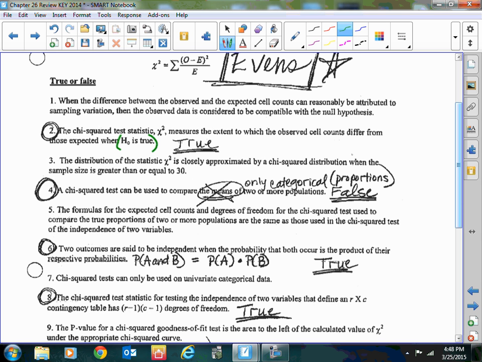That's like saying your p-value is the probability of getting this sample, these observed, or something more extreme when the null is true. You're measuring your chi-squared and how far what you got was from expected. So that's true.